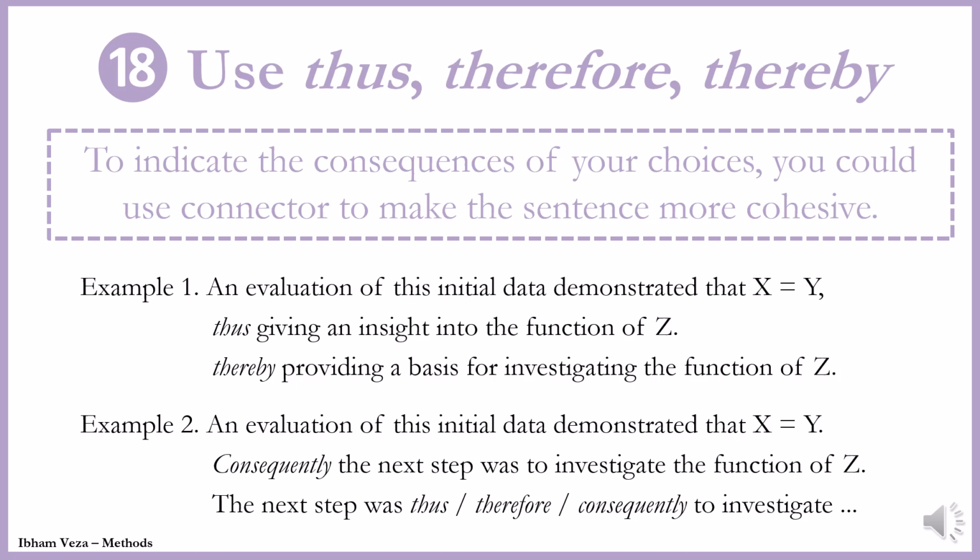Example 2: "An evaluation showed X equals Y. Consequently, the next step was to investigate Z." Or, "The next step was thus, therefore, consequently, to investigate Z." These connectors make your writing more cohesive and easier to follow.